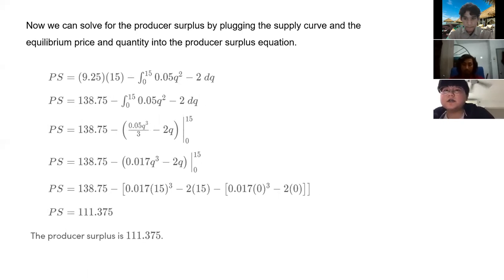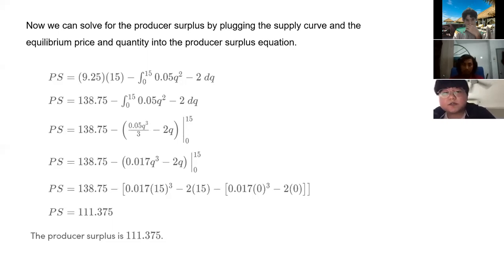Now we can solve for the producer surplus by plugging the supply curve and the equilibrium price and quantity into the producer surplus equation. PS equals 9.25 times 15 minus the integral from 0 to 15 of 0.05Q squared minus 2 dQ.